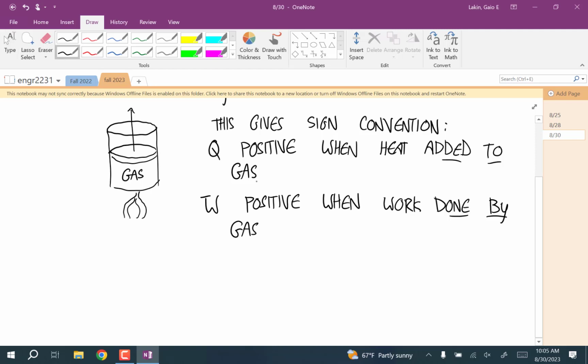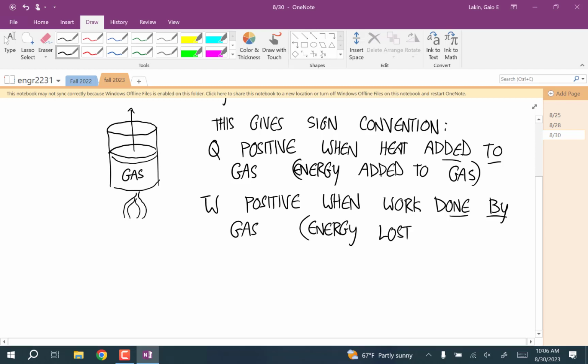So in other words, Q is positive when energy is added to the gas, and W is positive when energy is removed from the gas or lost from the gas. That's the first law sign convention, always.